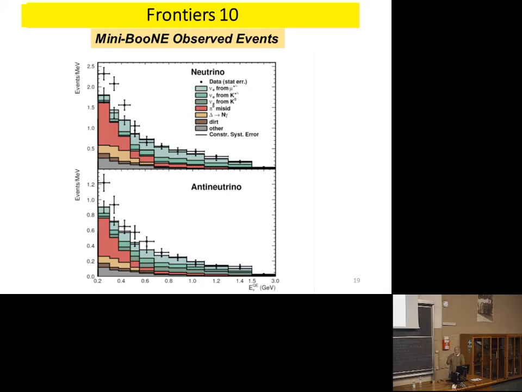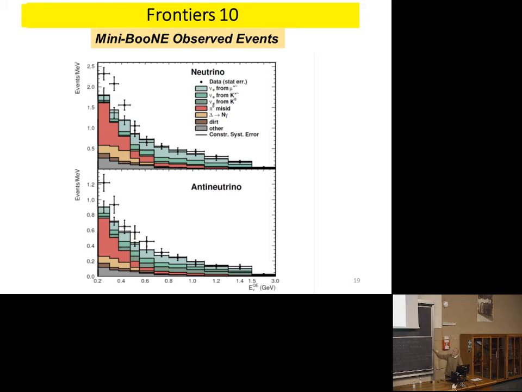Without going through the details of these pictures here, you'll see the scale on the bottom is GeVs, not MeVs. I was showing you something in MeVs, so when I say there's a choice of another neutrino, it may be very, very different, much, much heavier.